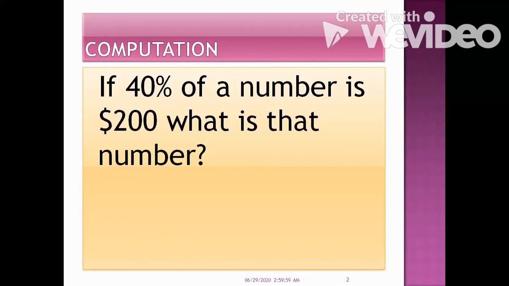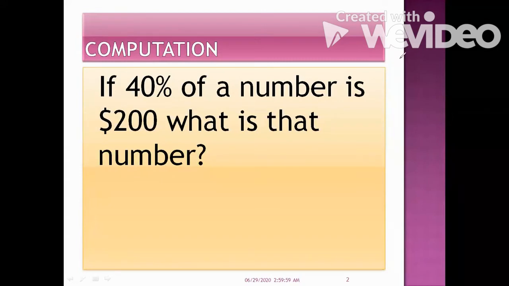What some students would probably do is misread this question and find 40% of $200, which is incorrect. The question says if 40% of a number, so we don't know what that number is, so we need to find that number. And 40% of that number is equal to 200.